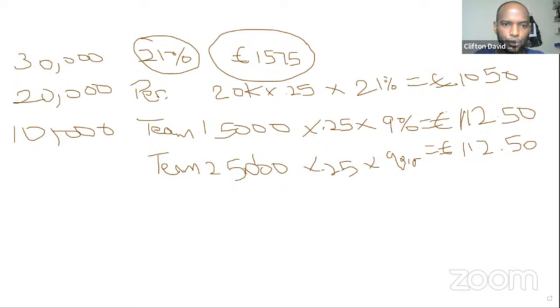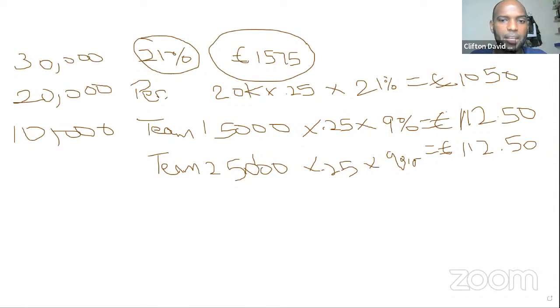And how they pay it to you, they pay you the difference between your level and your team's level. In this case, just to make sure you guys are with me still, Derek is at 21% and he has 2 teams at 9% each that are under him. And they're going to pay Derek the percentage difference between his percentage level and his leg's percentage level.